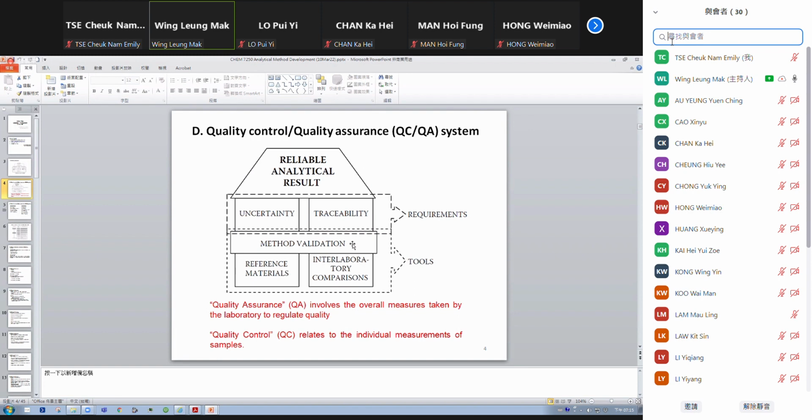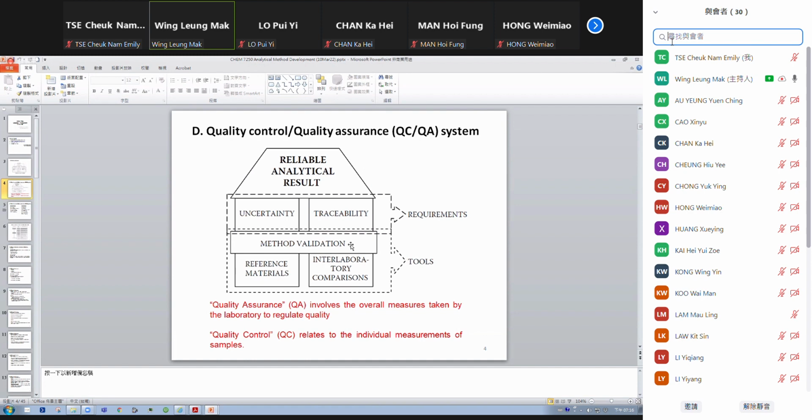The QC and QA systems must also include method validation. The method validation, as you learned before, should have the MDL, IDL, calibration curve, recovery, bias study, or even the precision, selectivity of the method, robustness, something like that. You know how your method performs.